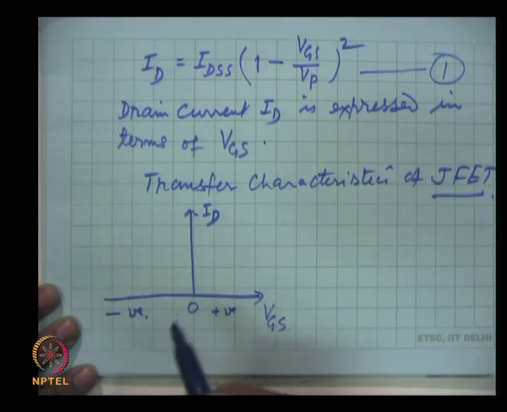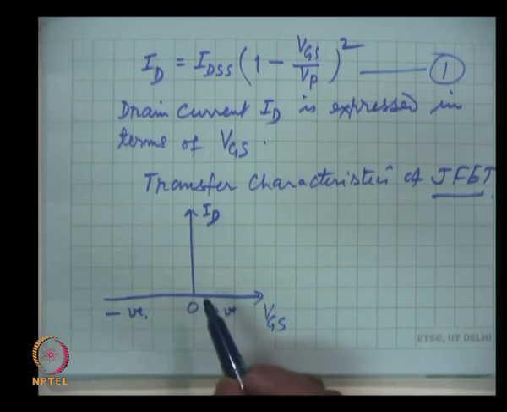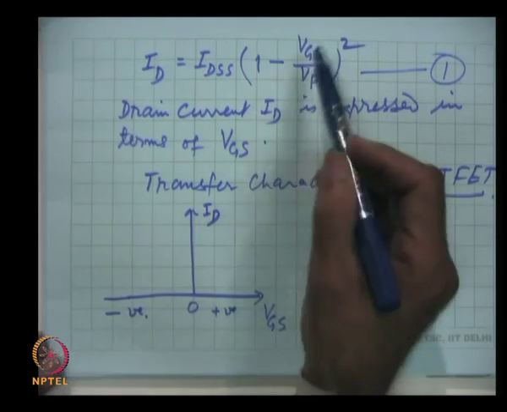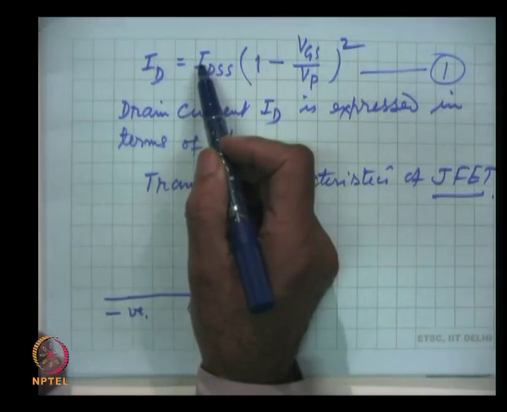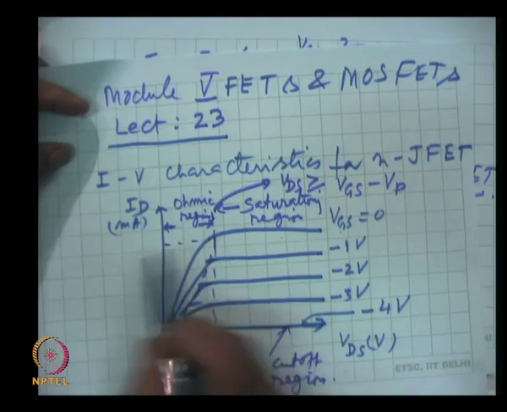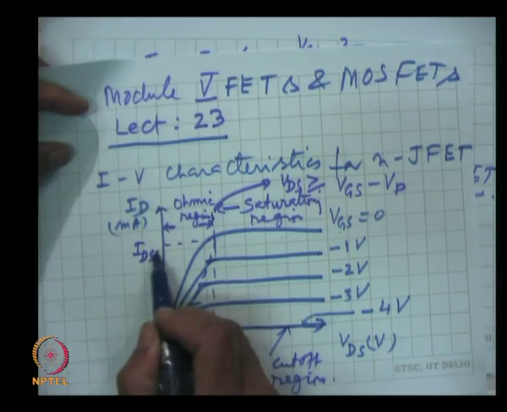In this expression, when VGS is 0, here is the maximum current ID, this is IDSS.